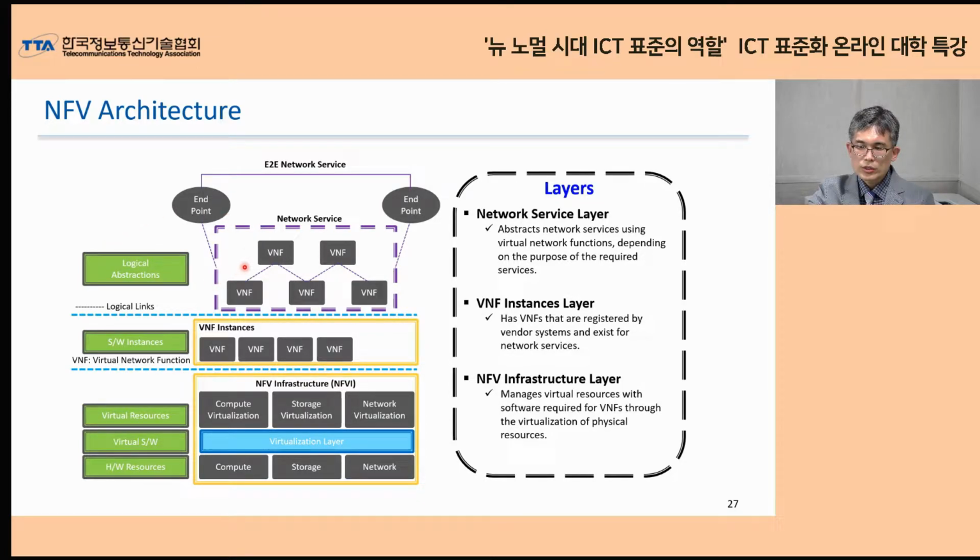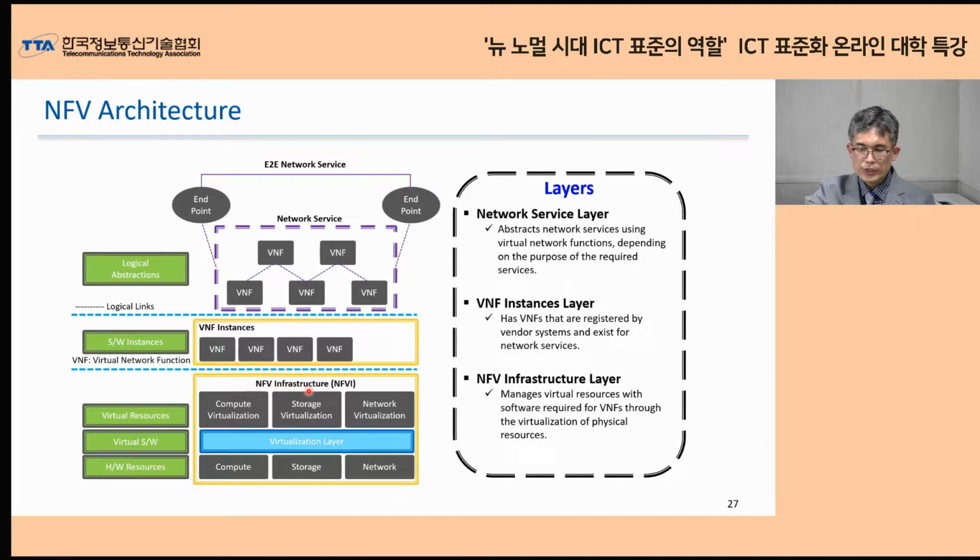In the NFV infrastructure layer, based on hardware, the computing resources, storage resources, and network resources are virtualized by the virtualization layer. So each computing, storage, and network resource is treated as a virtual resource.